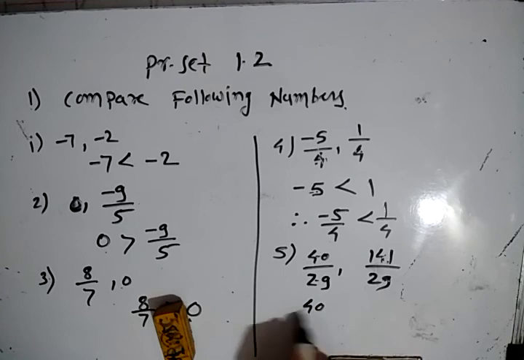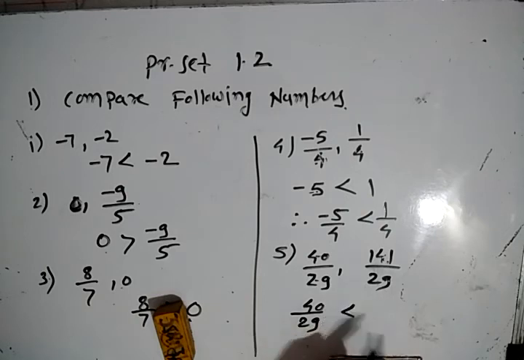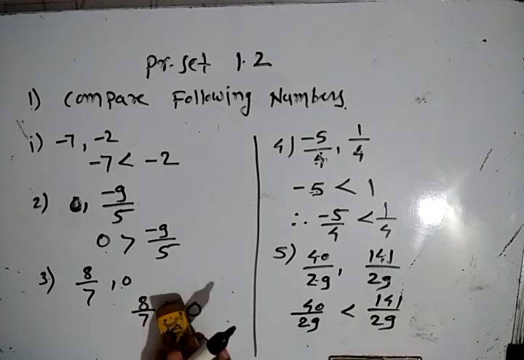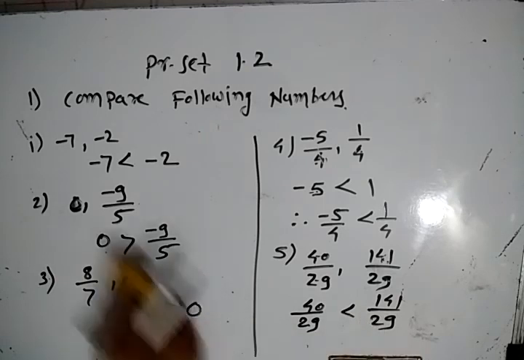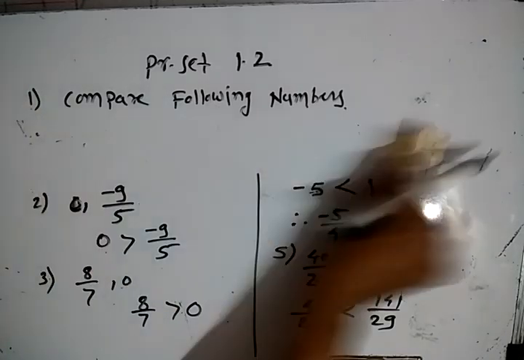It means 40 upon 29 is less than 141 upon 29. Here we can write 141 is greater than 40, therefore 40 upon 29 is less than 141 upon 29. This is the fifth problem.